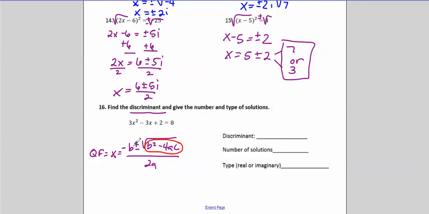And if it's 0, remember that plus 0 or minus 0 would give you the exact same answer, so you would only have 1 real root. So here's your a, negative 3 is your b, and 2 is your c.